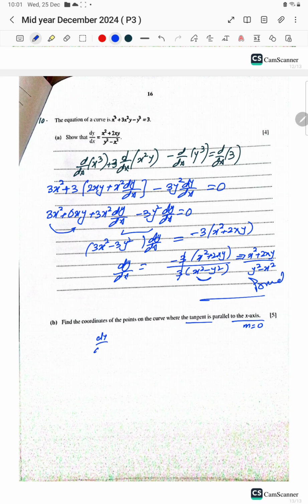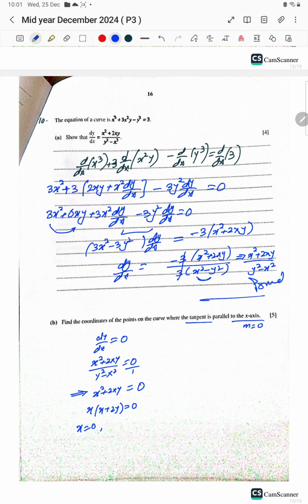So dy by dx we put equal to 0. So it means x square plus 2xy over y square minus x square is 0. After cross multiplication, we get x square plus 2xy equal to 0. So here x is common, x plus 2y equal to 0.